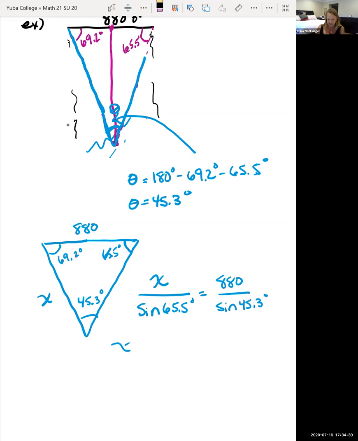So we can get X if we multiply both sides of our equation by sine of 65.5 degrees. So we have 880 times sine of 65.5 degrees, all divided by sine of 45.3 degrees.